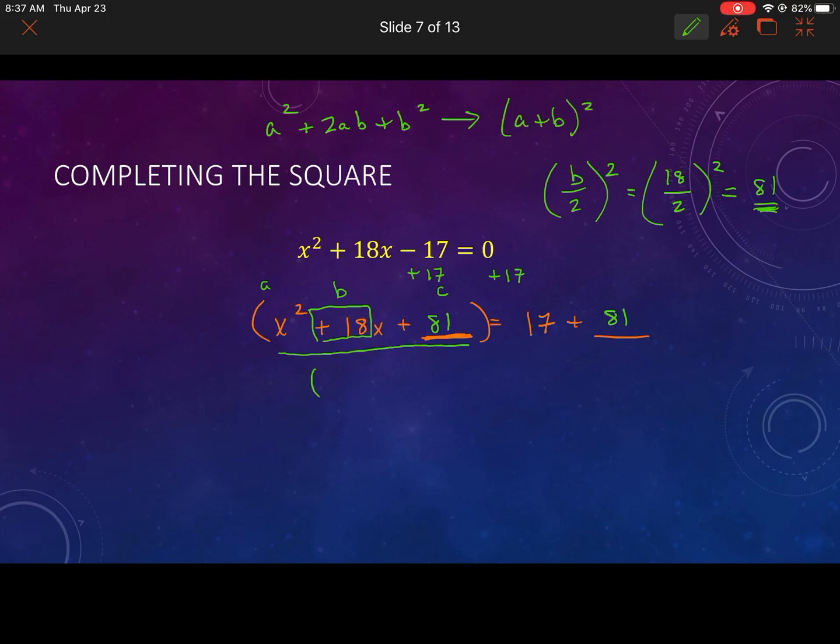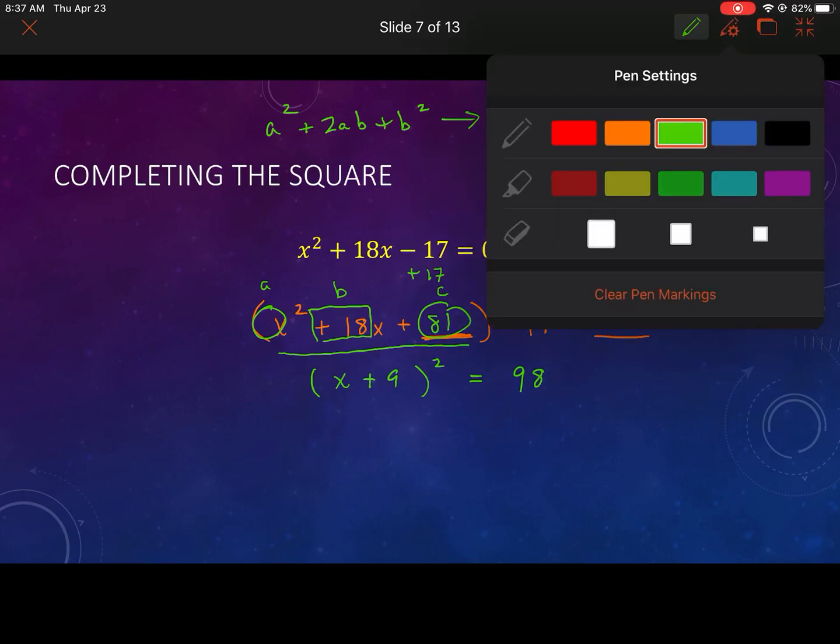So this factors down to x plus 9 squared, because 9 times 9 is 81 and 1 times 1 is 1. Then of course I add 17 and 81, which gives me 98.